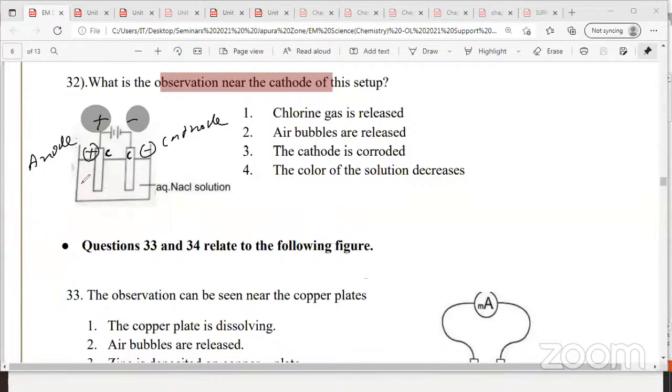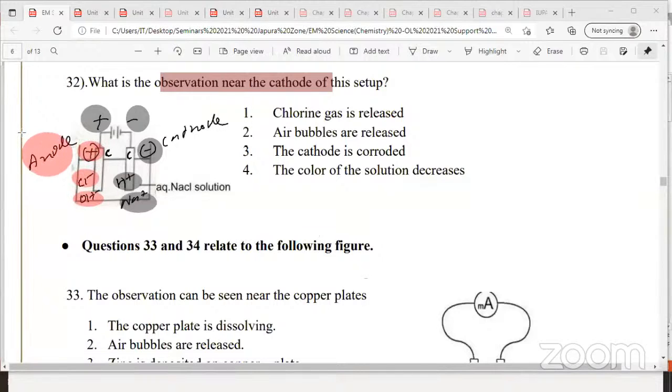In NaCl solution, Cl minus and OH minus get attracted to the positive side. Then Na plus and H plus come to the negative side. H plus and Na plus get attracted to the negative electrode. Negative electrode attracts cations. Positive electrode attracts anions.